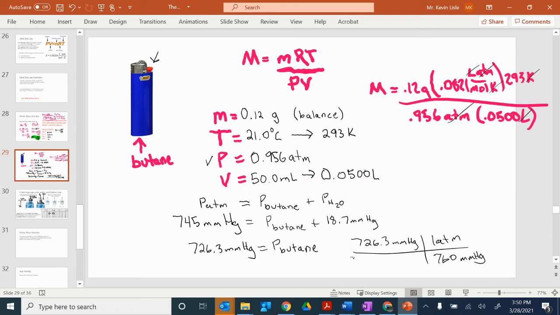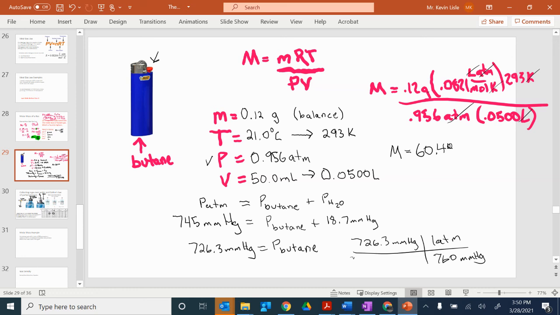So if I say on my calculator 0.12 times 0.0821 times 293 divided by 0.956 divided by 0.0500, I get a molar mass of 60.4 grams per mole.